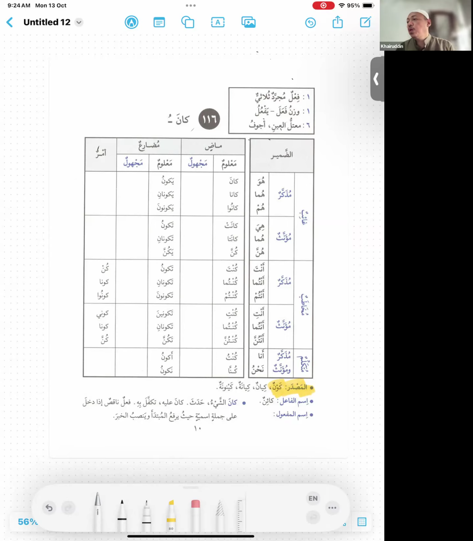So when we do our saraf, it seems like everything is intuitive. It doesn't sound very far different from doing kataba yaktubu. So kataba, katabu, katabat, katabata, katabna. It doesn't sound very different from doing the saraf that way.